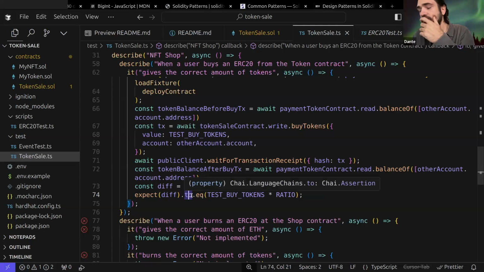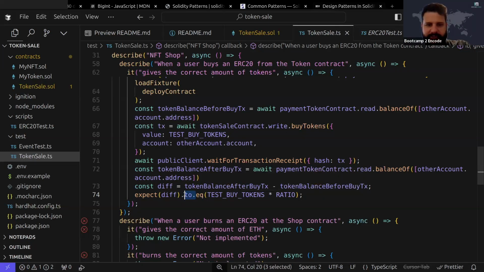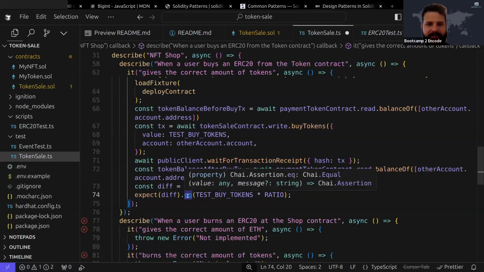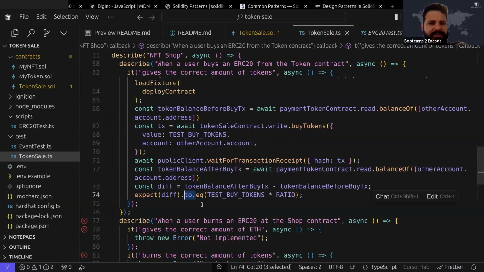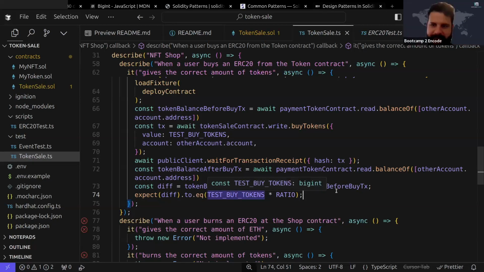Is it the same thing? I guess it is. I should know that. Expect equal. For some reason, I'm used to doing toEqual. Might have some difference. I would need to research on that. Yeah, I changed it and it worked. Okay. Sorry for not knowing that specific difference. I should know that.